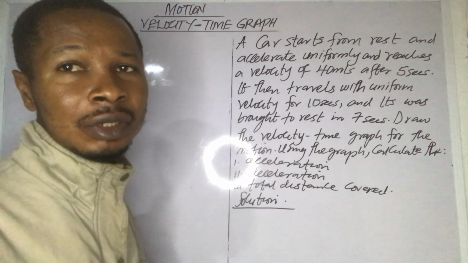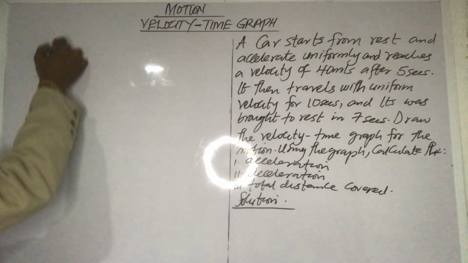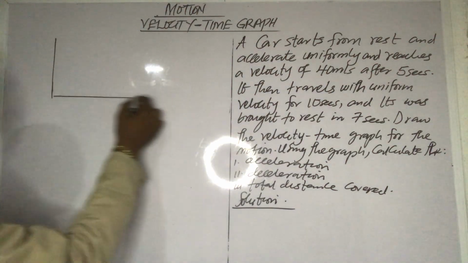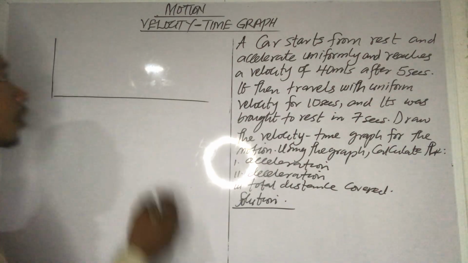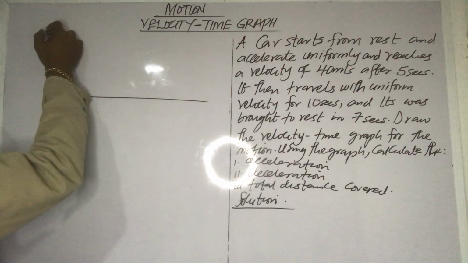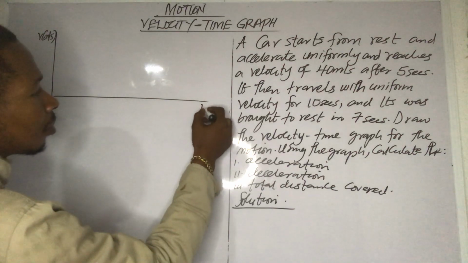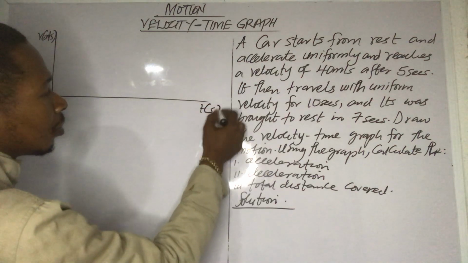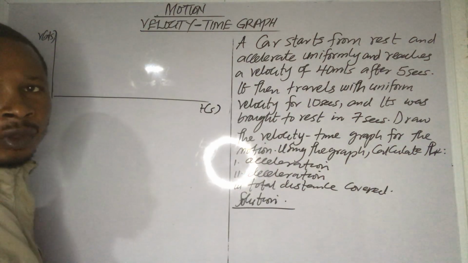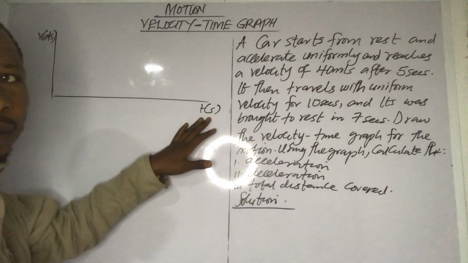Now, this is how the velocity time graph looks. You are plotting velocity in meters per second against time in seconds.